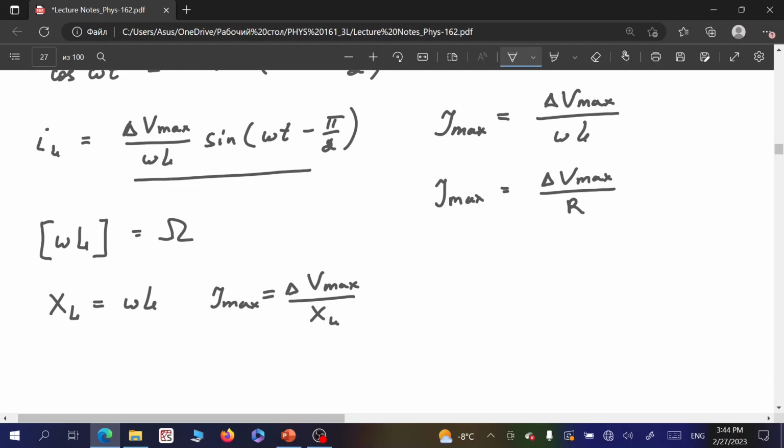And the physical reason why inductive reactance increases with frequency lies in Faraday's law, and it tells us that high frequency corresponds to faster rate of change of electric current and means larger negative induced electromotive force, which opposes the AC current flowing through the circuit. So that's why inductive reactance behaves in this way with frequency.